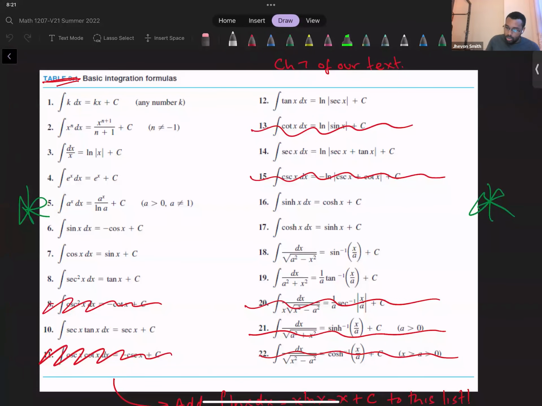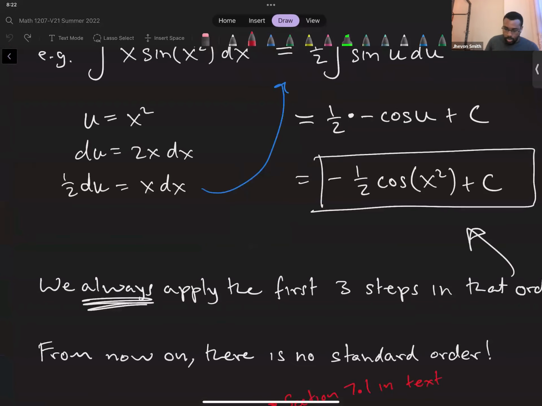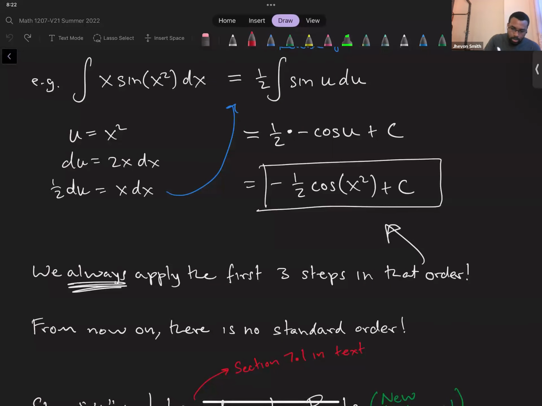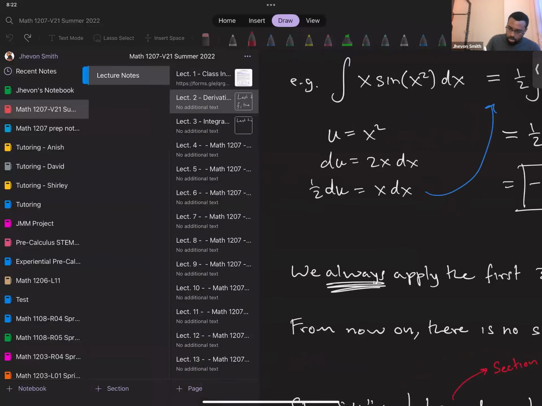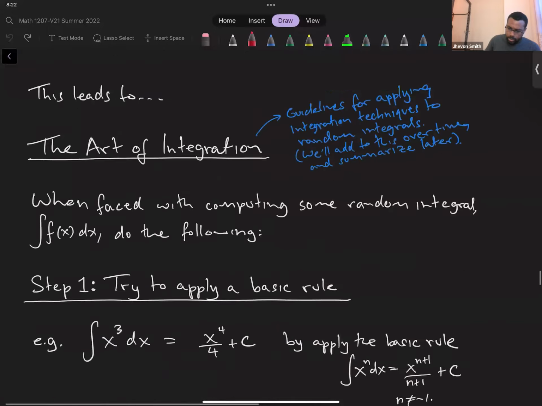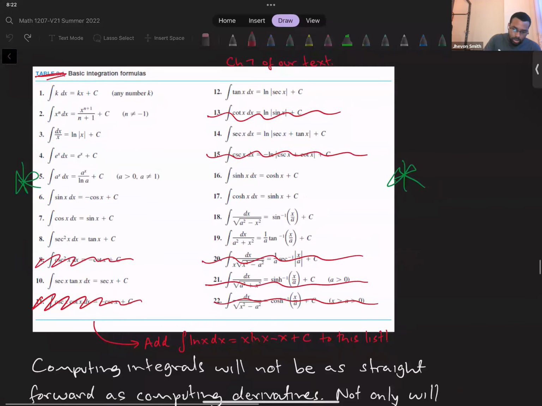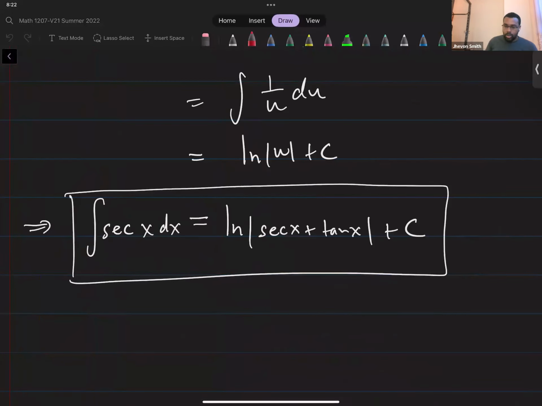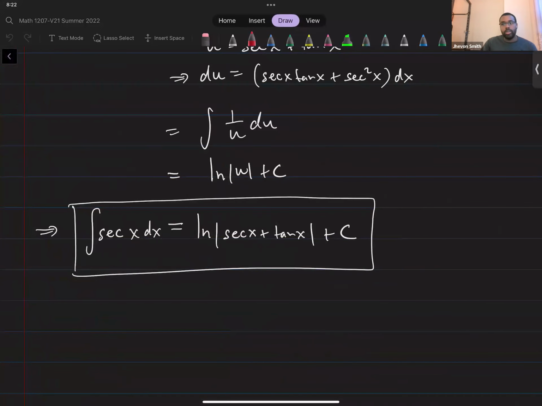You'll see it in the table over here. Okay. So that's how you integrate secant.